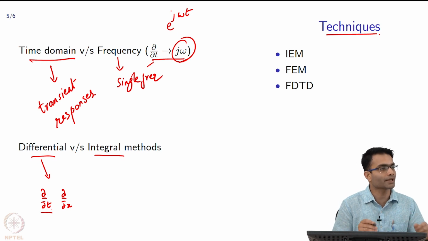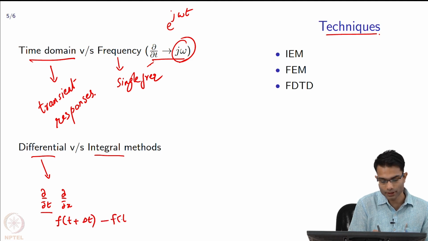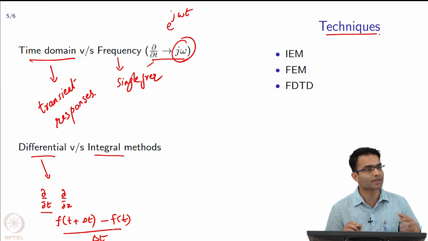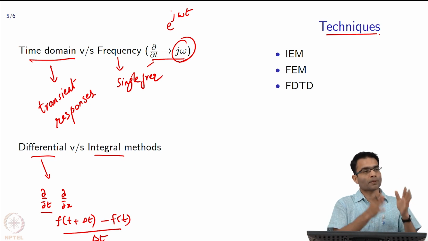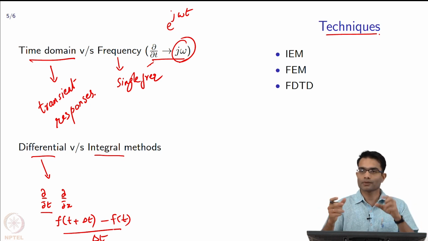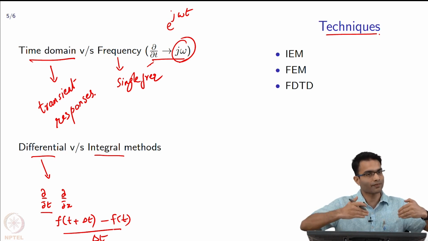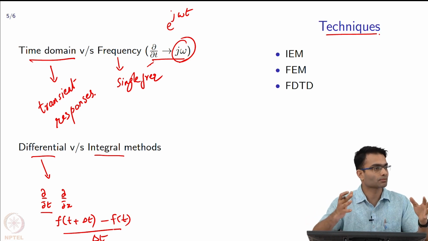So I will represent a derivative in time by something like f of t plus delta t minus f of t, divided by delta t. Finite differences, that is how I will implement a derivative. Similarly for the spatial derivative. When I chop up space and time into discrete things, what happens is that as a wave travels on a discrete grid, it begins to disperse.